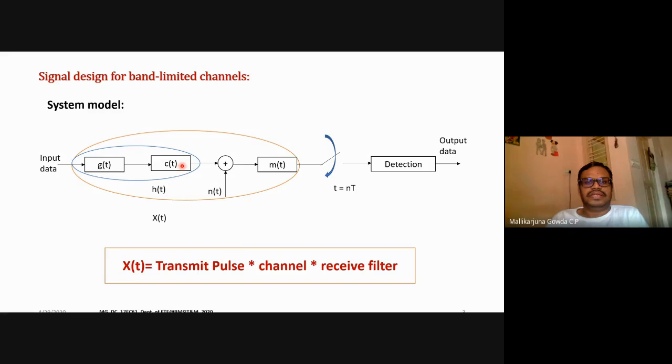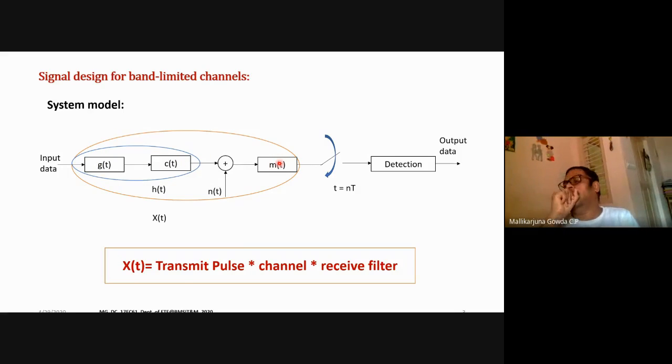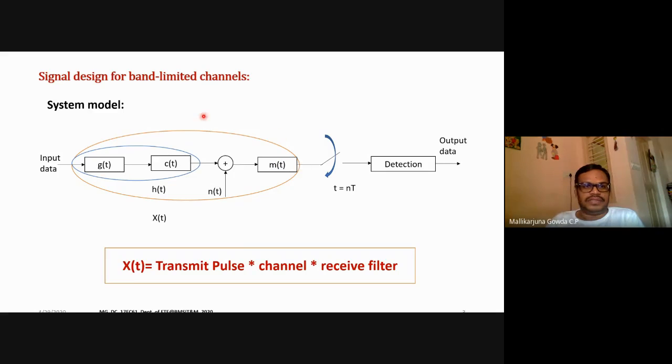Then noise is added in the channel, and this is my matched filter, meaning the receiving filter. Together, the transmitting filter, the channel, and the receive filter give the output x of t. So x of t is the transmitter filter pulse, then channel, then receive filter.